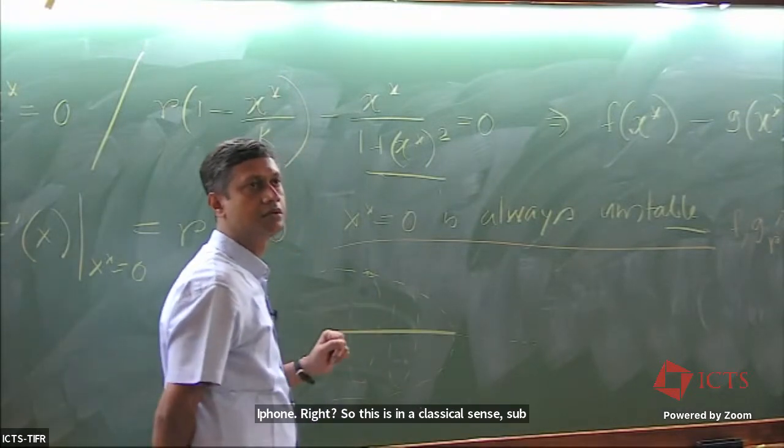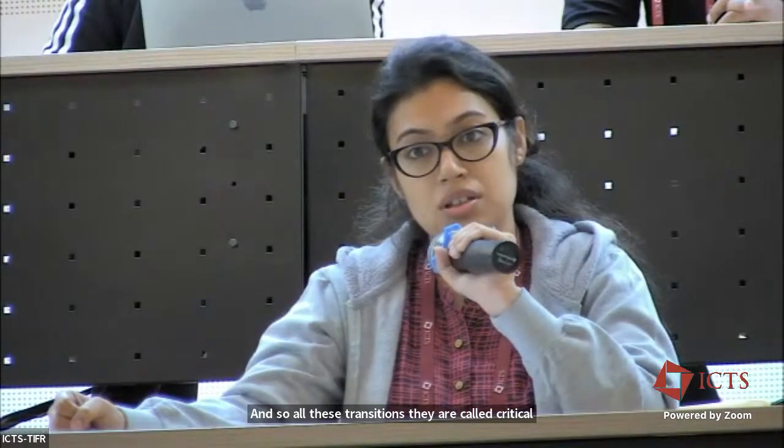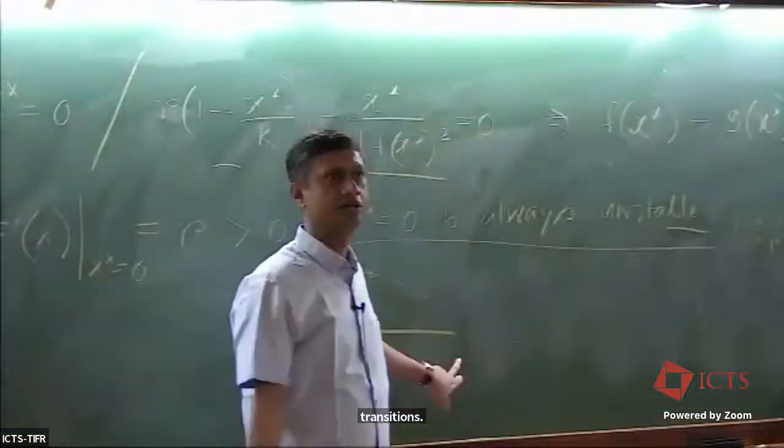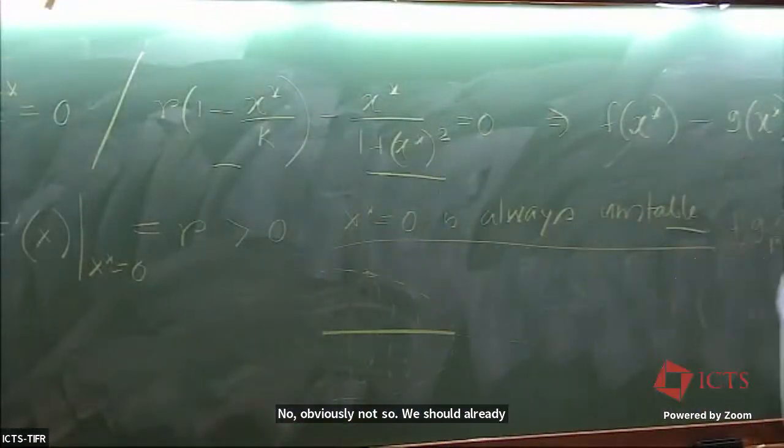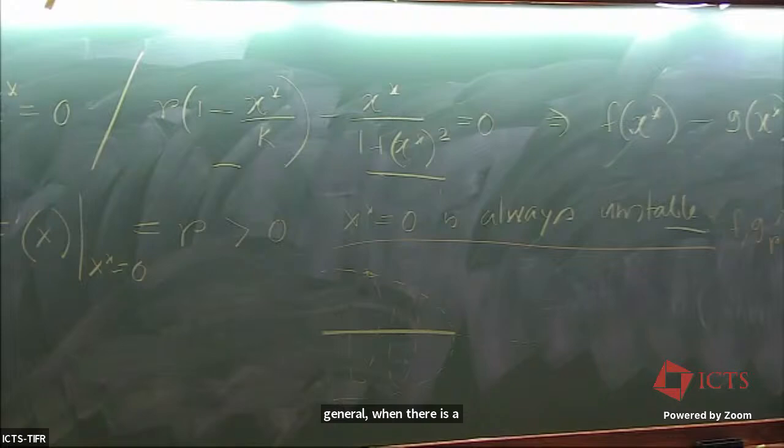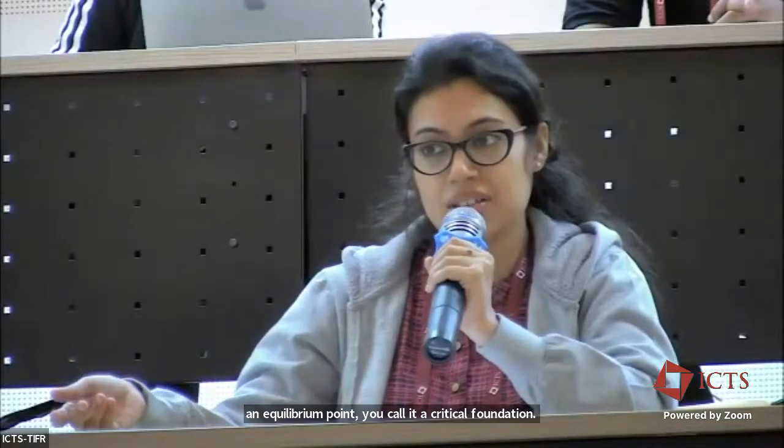And so all these transitions are called critical transitions? No, obviously not. Bishu already mentioned that in general, when there is a sudden change in the nature of an equilibrium point, we call it a critical transition. Okay, so depending on the bifurcation, we can classify this critical transition?